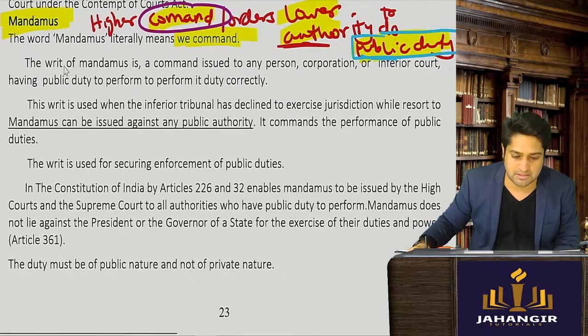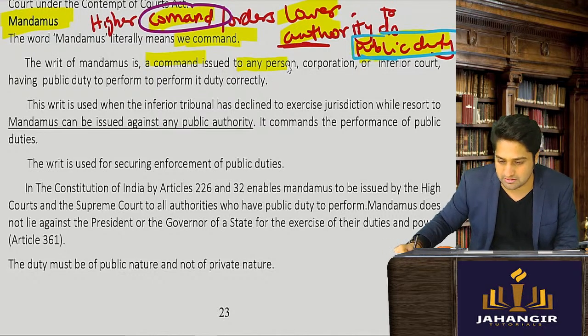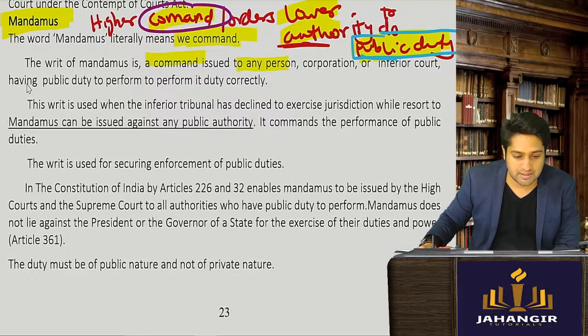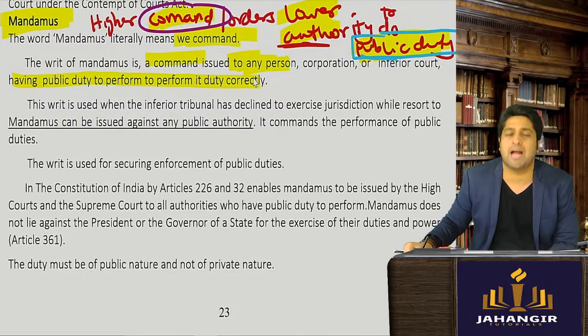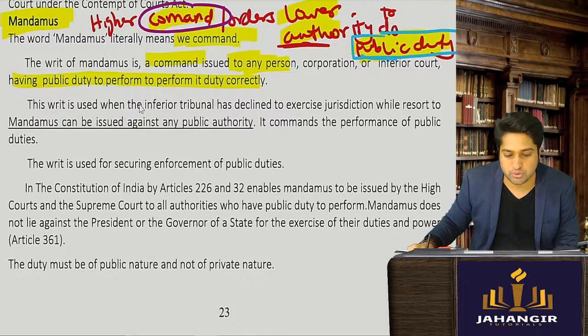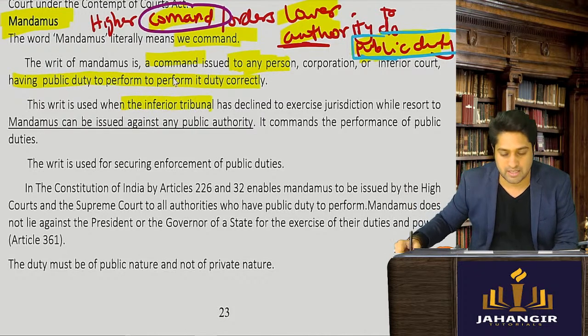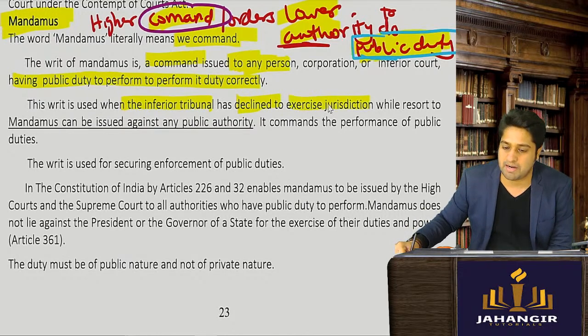So writ of mandamus is a command, an order issued to any person having a public duty to perform, and the order will be, do your duty properly. This writ is used when the inferior tribunal or the inferior authority has declined, has neglected to exercise their powers.